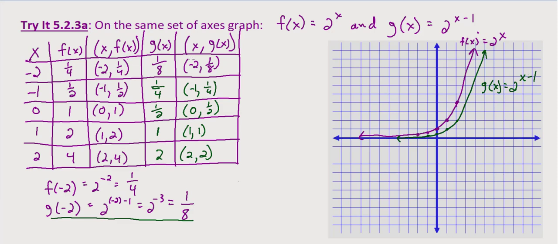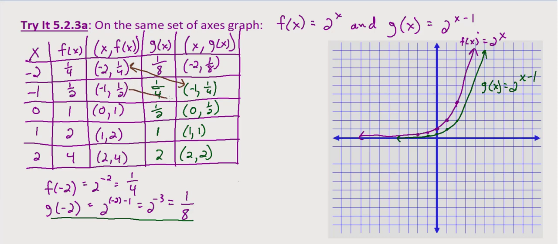If you'll notice, we never have a 1/8 for f of x. But look at the corresponding values. At negative 2, f of x is 1/4. At negative 1, g of x is 1/4. Same thing with negative 1 and 0. F of x is 1/2 at negative 1.